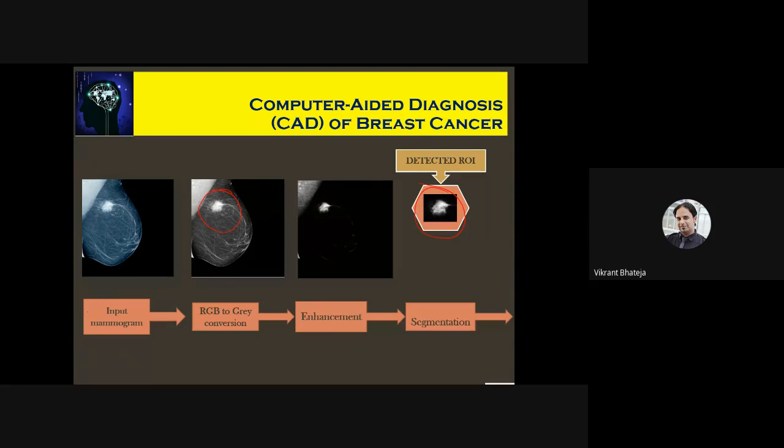Now, what we have seen previously, the response of CAD-E or computer-aided detection, is now given as input to a decision support system, where you get the response that is known as CAD-X. So now what we are supposed to do is extract features from this particular region of interest.